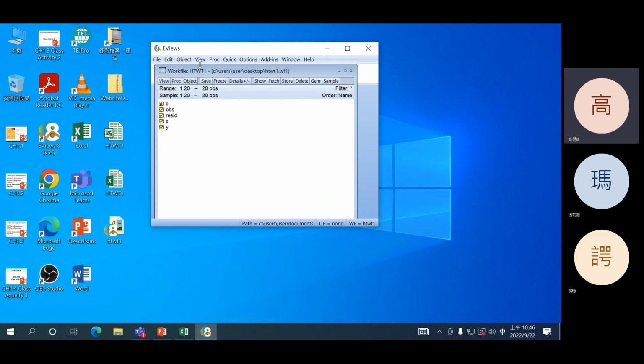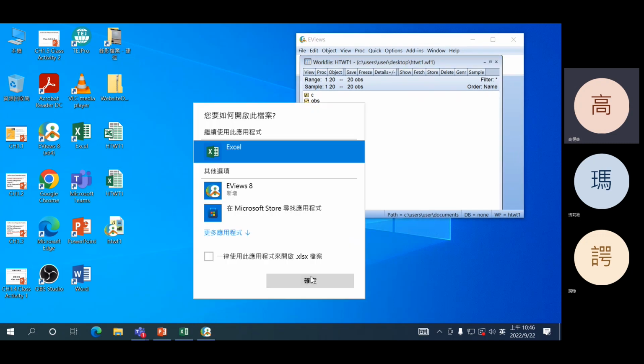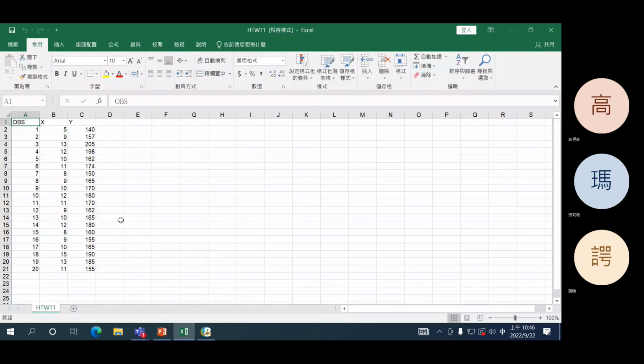I think it is clearer if we see it from the Excel file. You have the X and Y only.